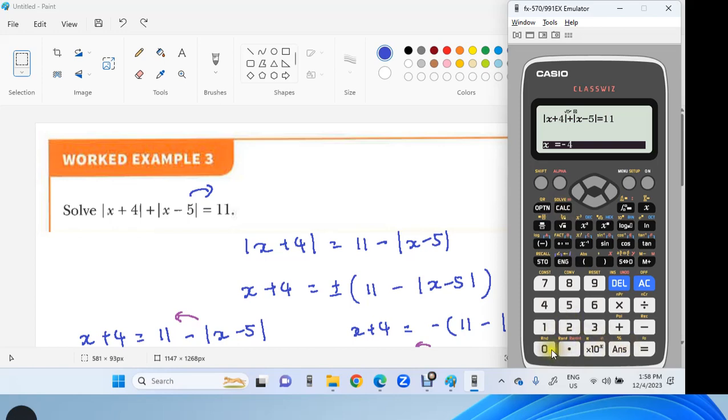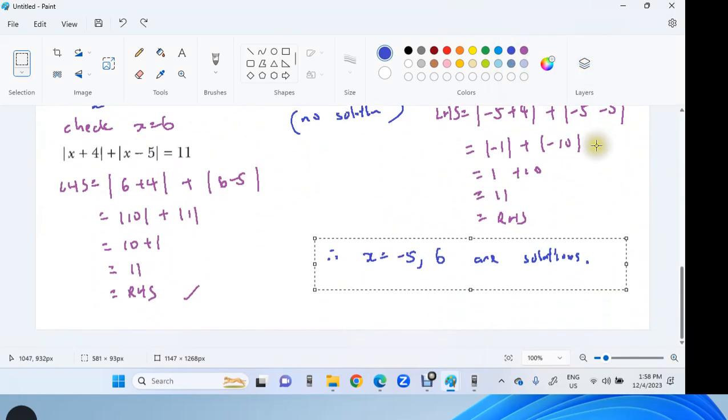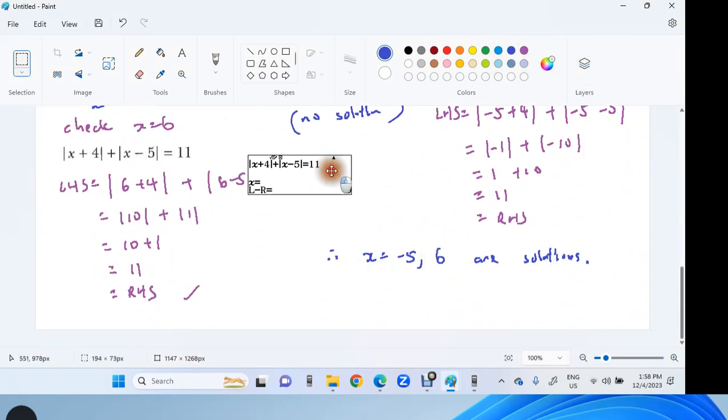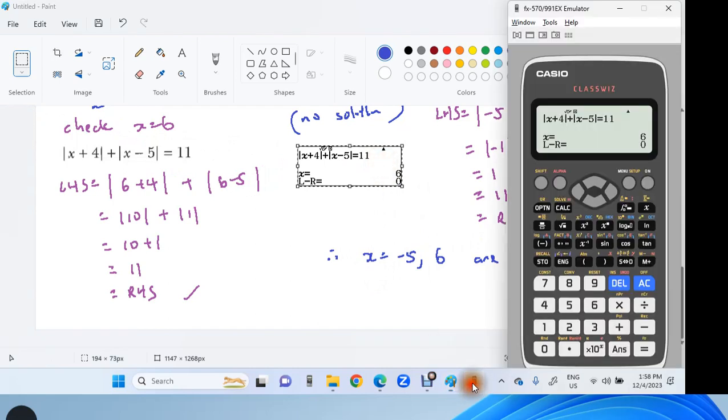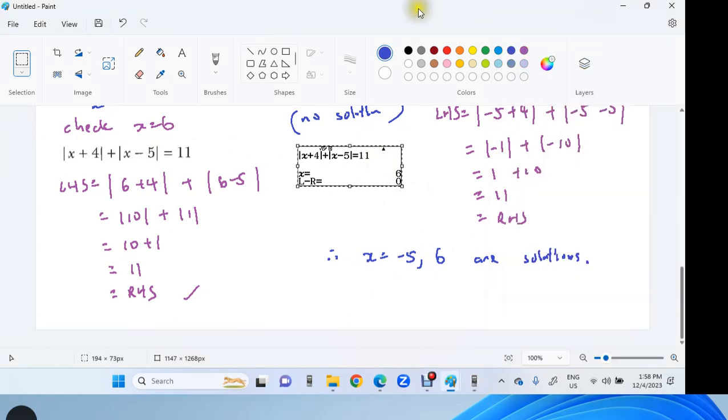I put any value, 0, then it will return 6. So one of the values is 6. I shift solve again, I put -8, then it will become -5. So you press shift solve, then any guess value, initial value, then the calculator will look for the nearest answer.